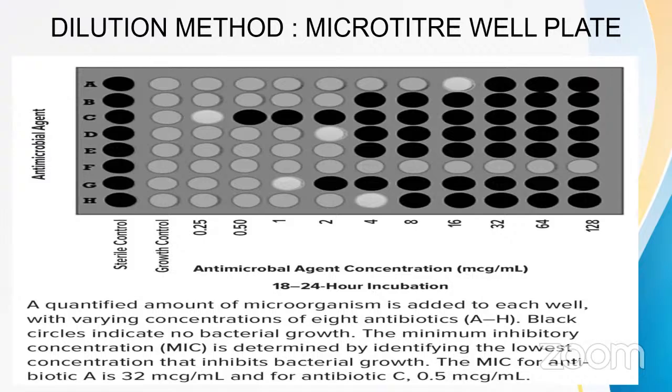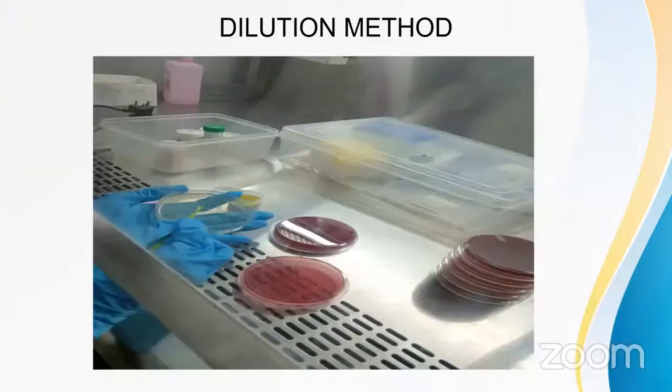The minimum inhibitory concentration is determined by identifying the lowest concentration that inhibits bacterial growth. Here you can see the MIC for antibiotic A is 32 mcg per ml, and for antibiotic C is 0.5 mcg per ml.